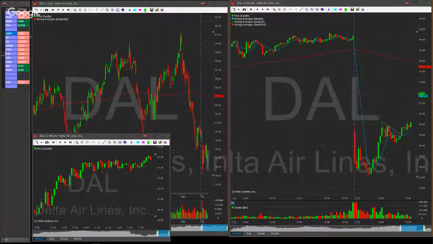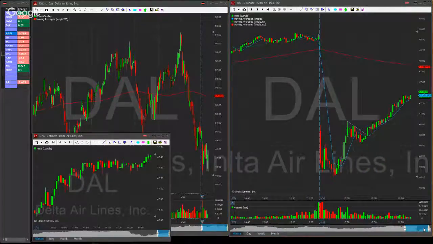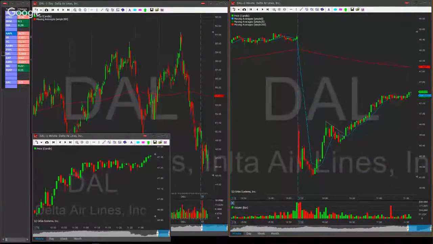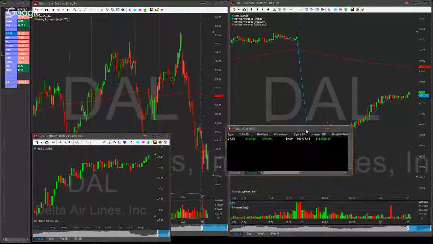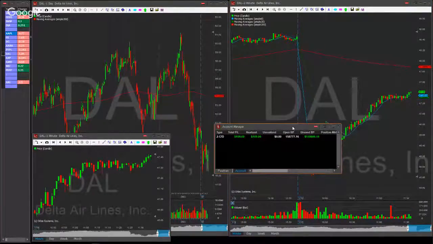I didn't feel like the entire market turned, and I didn't feel like going long. I kept on looking at that Delta for a potential short at 47, and that allowed me to book $100.